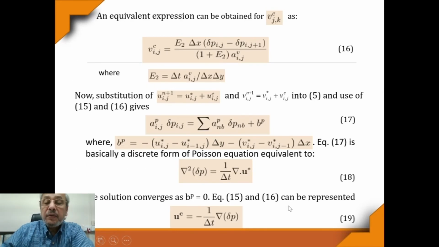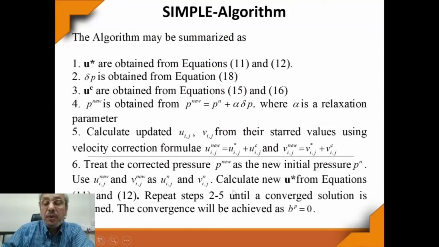That means effectively Bp is this term, the divergence of velocity at every cell will be 0. There will be no longer any pressure correction. So Bp equals 0. And this is how you get the velocity at the n plus 1th level, or it will not change anymore if you reach a steady state.